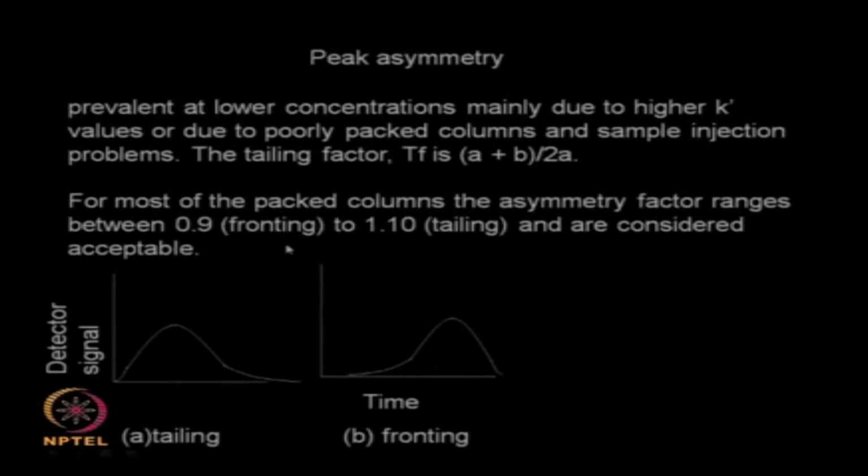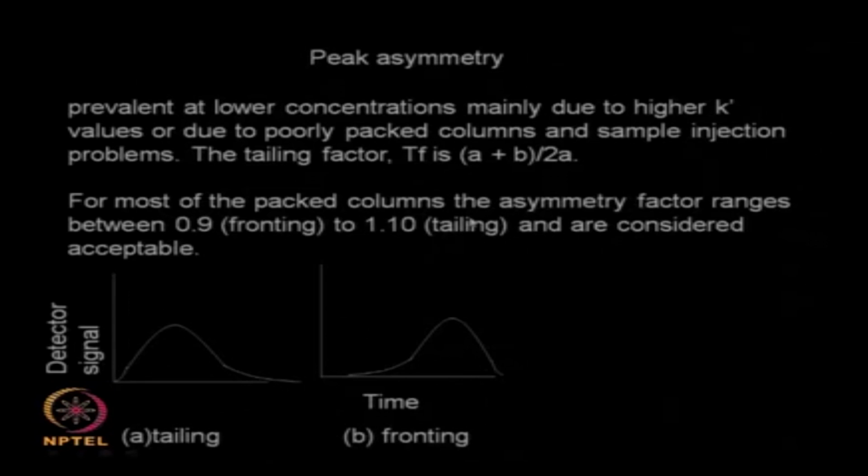Generally you should have between 0.9 to 1.1. If it is 0.9, that means you are having fronting. That means A and B are not uniform, or A is not the same as B, but A is different from B. That is why you are having either the factor 0.9 or the factor above 1.1.